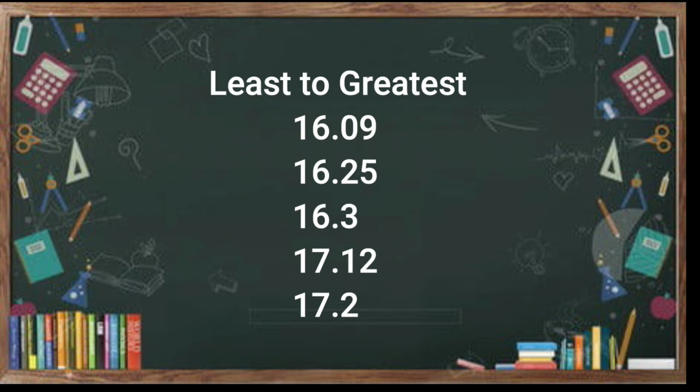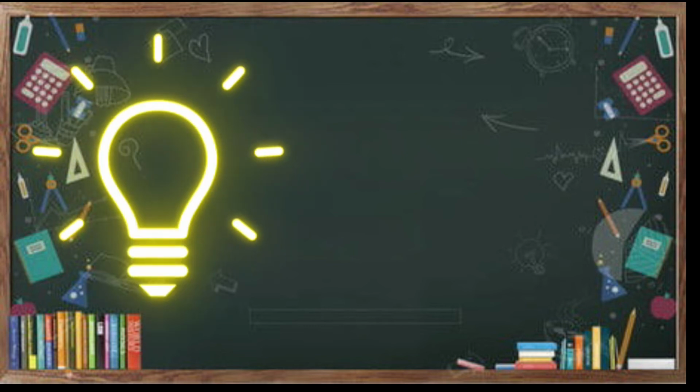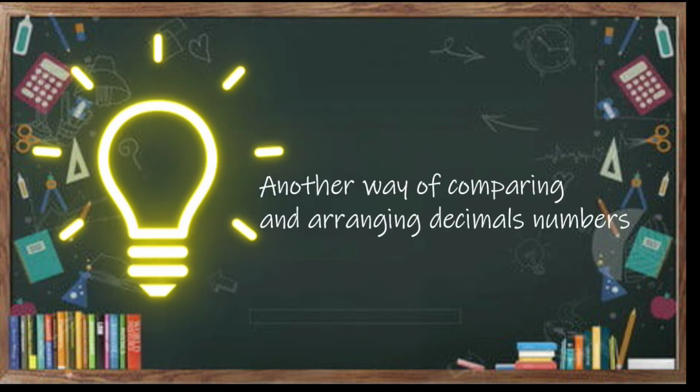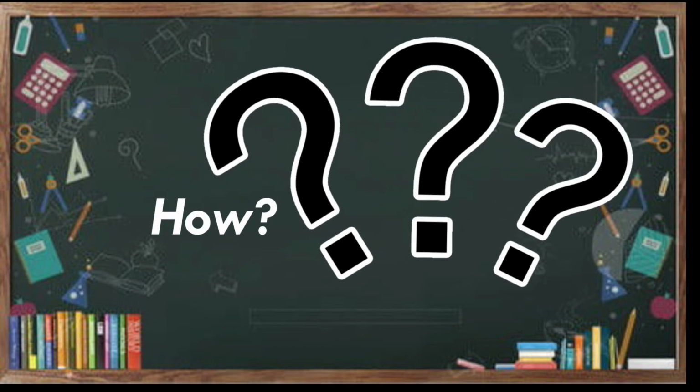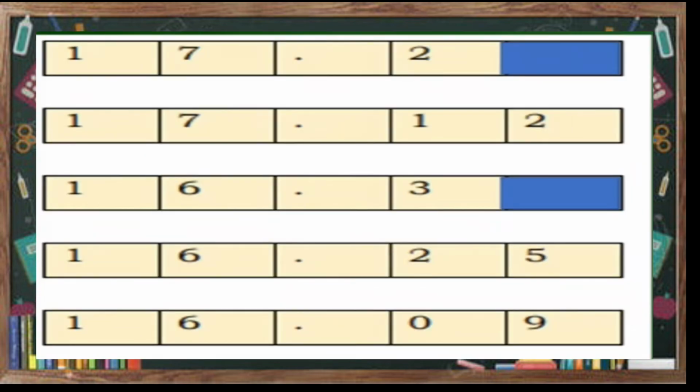Alright, so there is another way of comparing and arranging decimal numbers. So I'm going to show you how. Okay, look at this one. It is by putting zeros to the missing digit on the place value. As you can see, there are no digits on the last place value of 17 and 2/10 and 16 and 3/10.